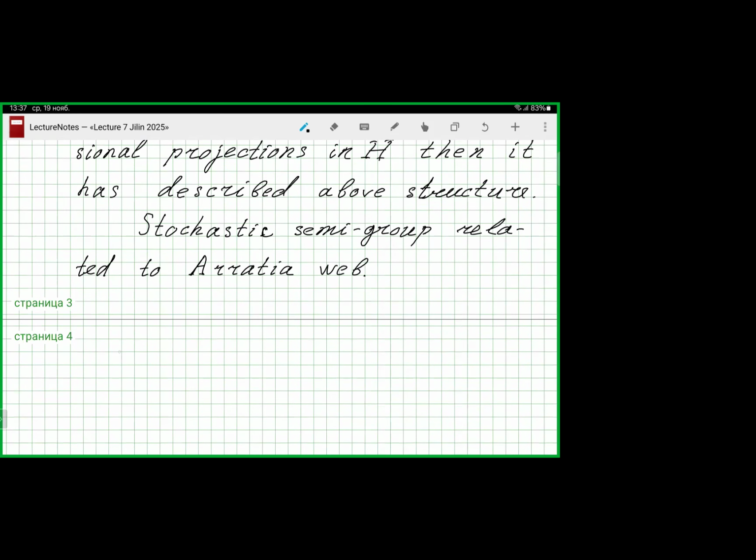So let us start from two Wiener processes. Let W1 and W2 be independent standard Wiener processes on the real line.